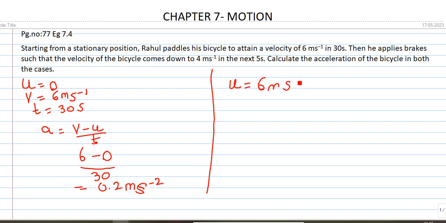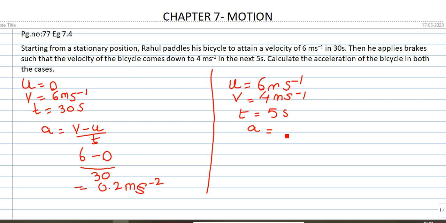From this 6 meters per second, he is decelerating to a final velocity of 4 meters per second in the time 5 seconds. So again we have all the three values, and we have to find the acceleration.